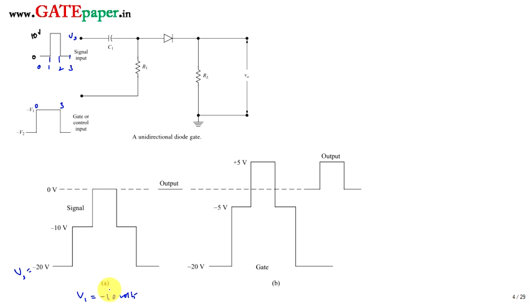Whenever V1 is at minus 10 volts, if the diode is under reverse bias during the non-transmission path, the output will be 0. During the non-transmission path, that means up to this point, the diode is reverse biased and the output is 0.